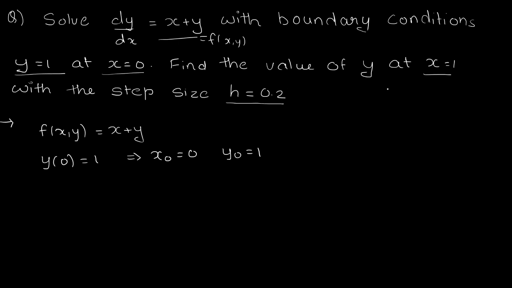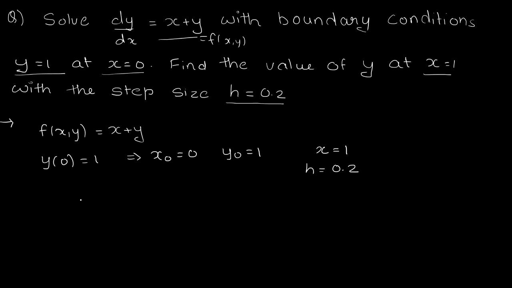I have to find the value at x equal to 1 with step size h of 0.2. Even if they don't write h, they sometimes call it step size 0.2. That is fine. You have to understand that h is equal to 0.2.